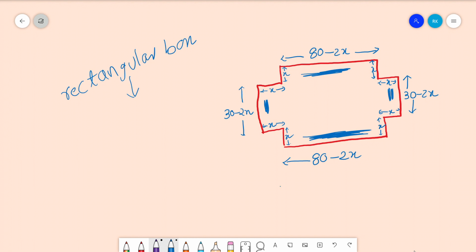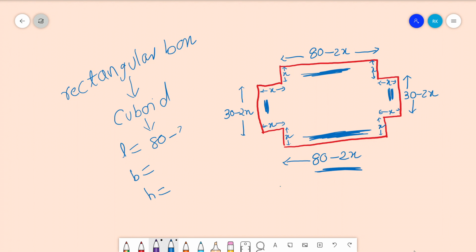Rectangular box is in the shape of cuboid. Cuboid is a 3-dimensional figure. It has length, breadth, height. Length is 80 minus 2x.